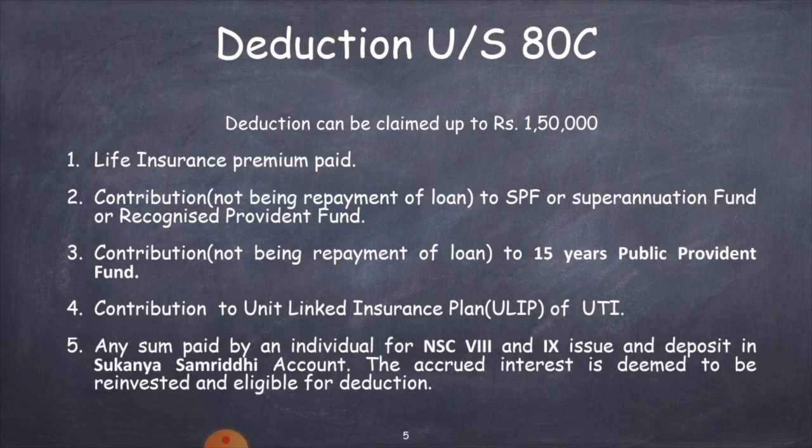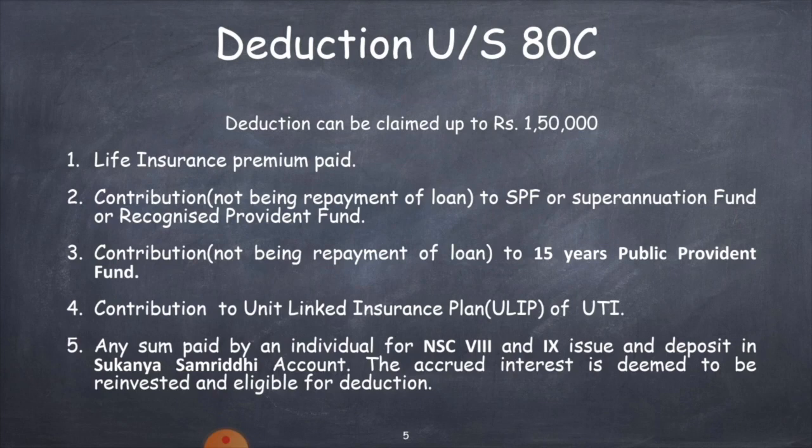Next point is contribution by an individual or HUF to unit linked insurance plan, that is shortly known as ULIP of UTI, in his name or his spouse or child. Okay. Here remember one thing, if an assessee is an individual, then he can claim any deduction on his behalf or on behalf of his wife or on behalf of his child.